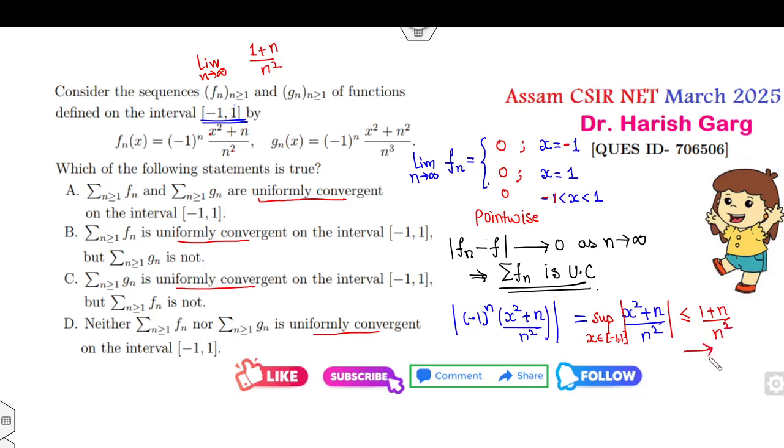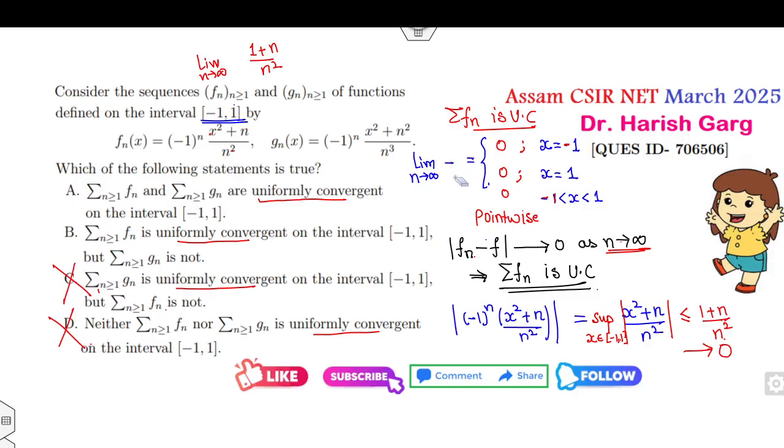And you can see this number goes to 0 as n approaches infinity because the degree of the denominator is more. Therefore, the series of the Fn is uniformly convergent. So that means the D option is cancelled, and the C option is cancelled.